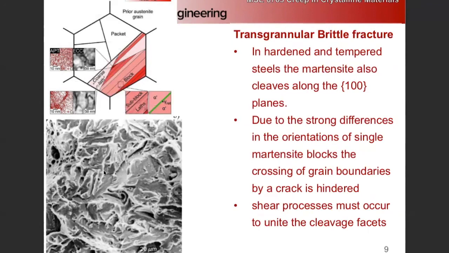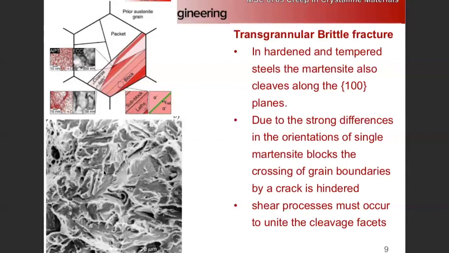So essentially, the difference in orientation across these different orientations hinders the direct propagation, and we need to have shear processes, right?